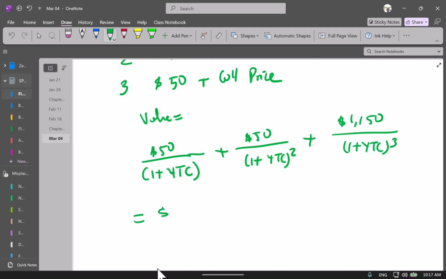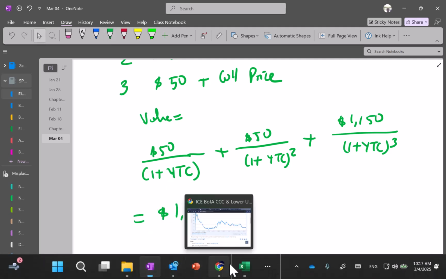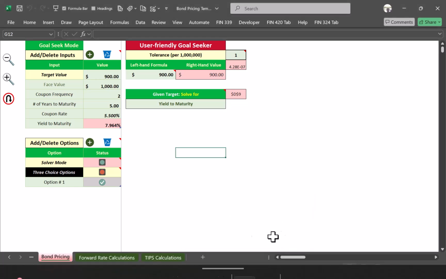And that's equal to $1,000. All you have to do is solve for yield to call. Normally we would do that using GoalSeek. So let's kind of do it. Then we'll do the same thing by tricking the template.